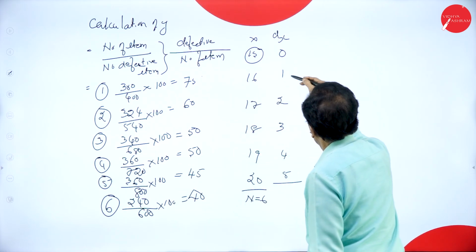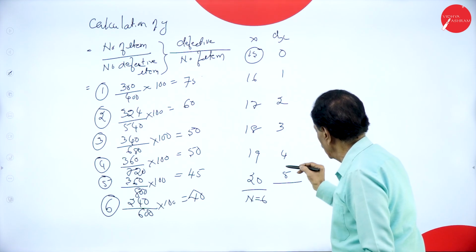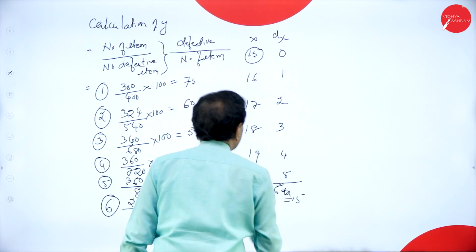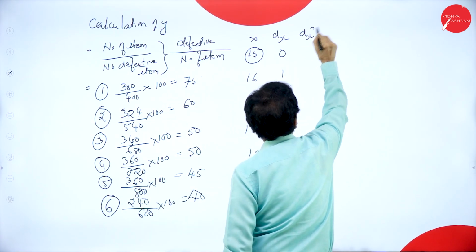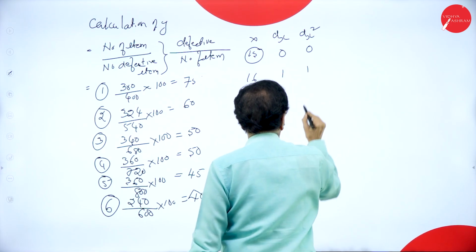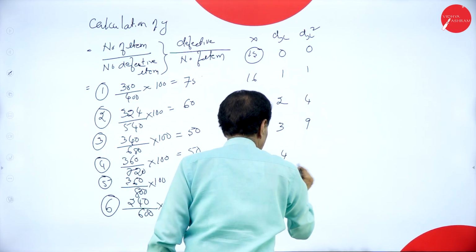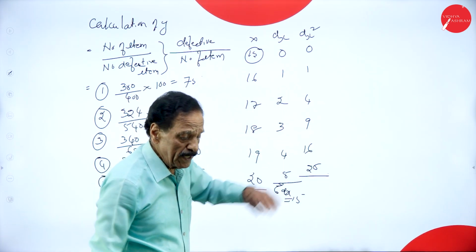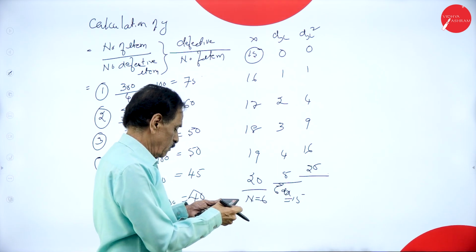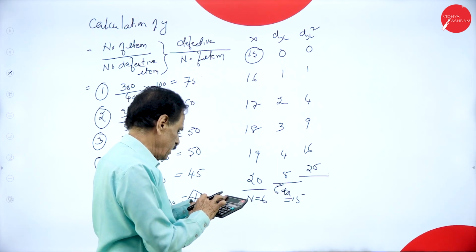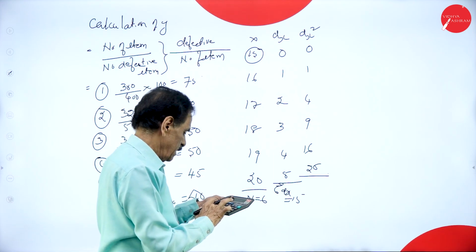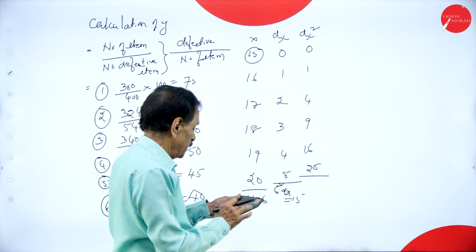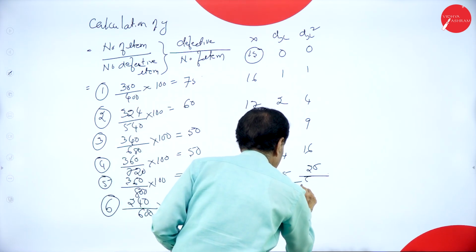Add the figure: 1 plus 2, 3, 6, 10, 15. Sigma dx is 15. Dx square: 0, 1, 4, 9, 16, 25. Square of the number, we'll do it. So 1 plus 4 plus 9 plus 16 plus 25. This is 55, sigma dx square.